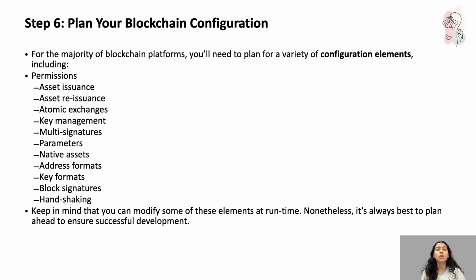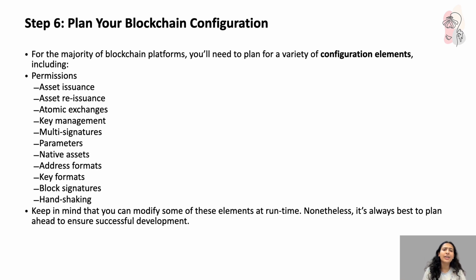Then you also need to consider atomic exchanges for secure trustless asset swaps and strong key management to protect access. Then you have features like multi signatures, where you add an extra layer of security, saying that I will need multiple approvals before a transaction is valid.